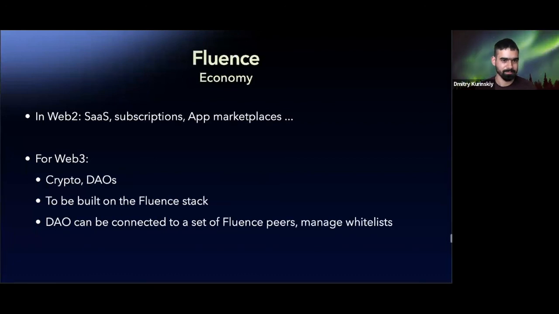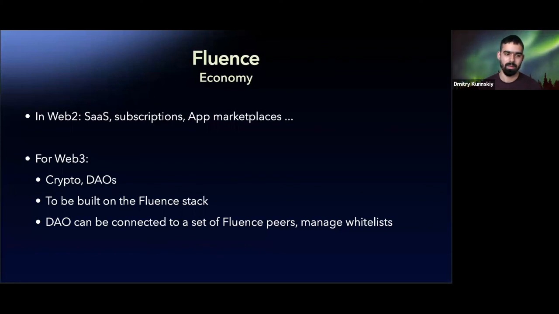So it's already here as a fundamental solution, but needs to be improved at least. And for the economy, for the connection with all the new economy, it's more about Fluence than about Aqua. In Web2, when you begin a new project, you have a lot of options like SaaS subscriptions, application marketplaces. For Web3, you also have some options like crypto, DAOs, or something like that.